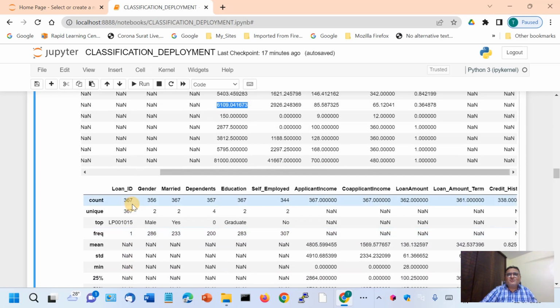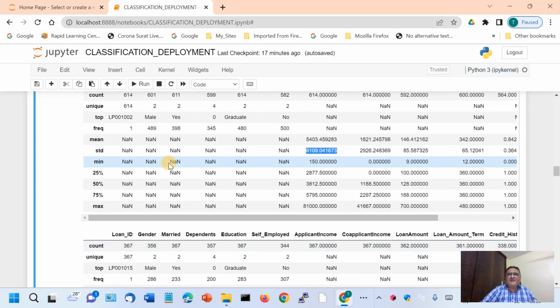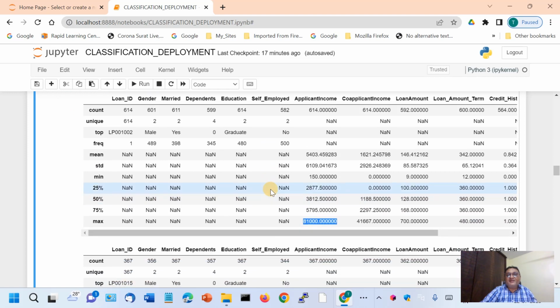Summary statistic is useful to know one thing, as we have seen in that regression example, that what are the ranges in which data varies. For example, here the minimum value is 152, maximum value is 81,000. That is in applicant income. While here the co-applicant income minimum value is 0 to maximum value is 41,667.